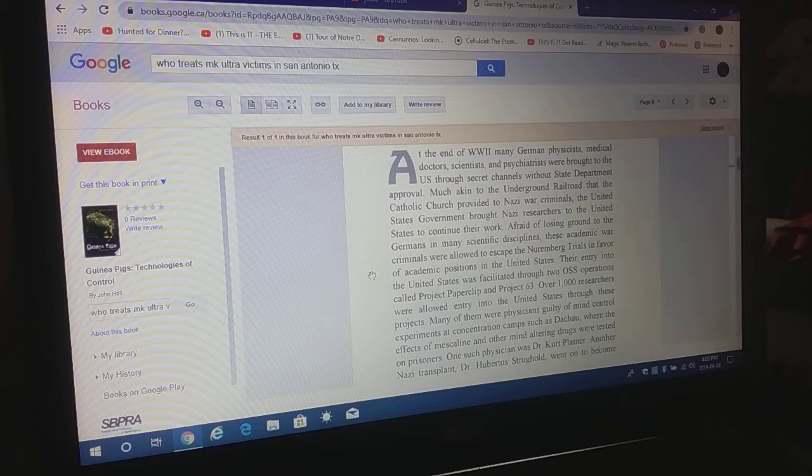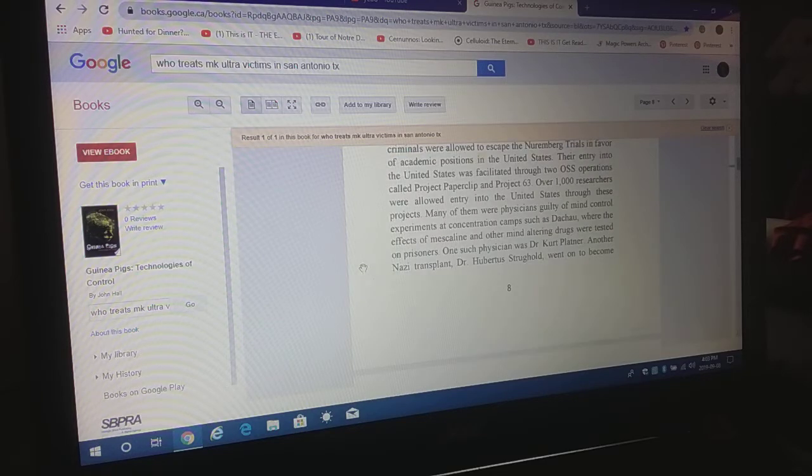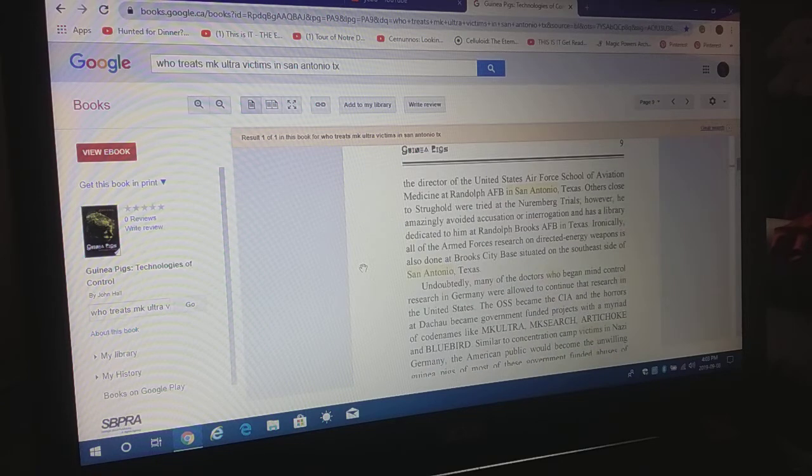One such physician was Dr. Kurt Plantner, and another Nazi transplant, Dr. Herbertus Stronghold, went on to become the director of the United States Air Force School of flying medicine at Rudolph AFB in San Antonio, Texas.